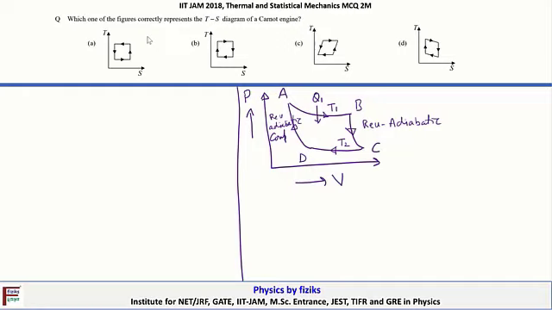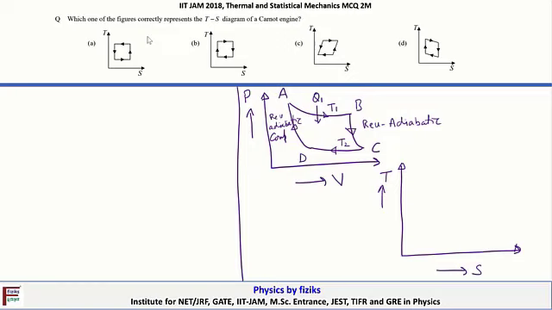Now we want to understand it in terms of the temperature-entropy diagram. So let's see how we can translate this PV diagram into the temperature-entropy diagram. Let's take temperature T along the y-axis and entropy S along the x-axis.